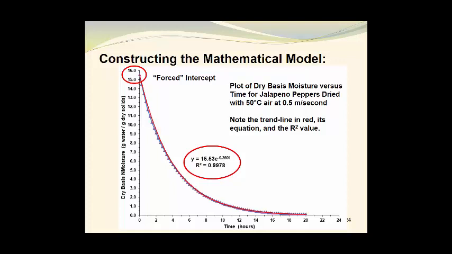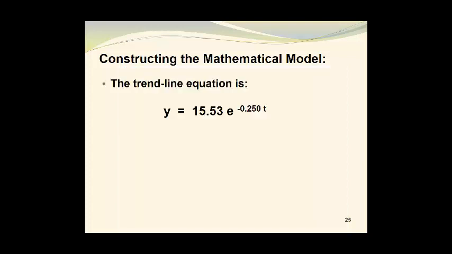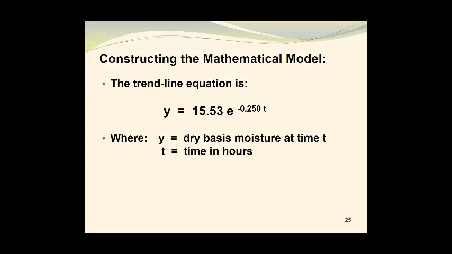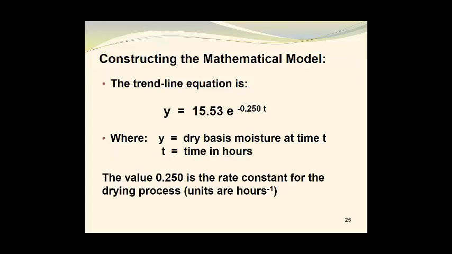It has been put into the computer program as being 15.53. So the trend line equation is y equals 15.53 times e to the minus 0.250 t, where y is the dry basis moisture at time t, and t is the time in hours.